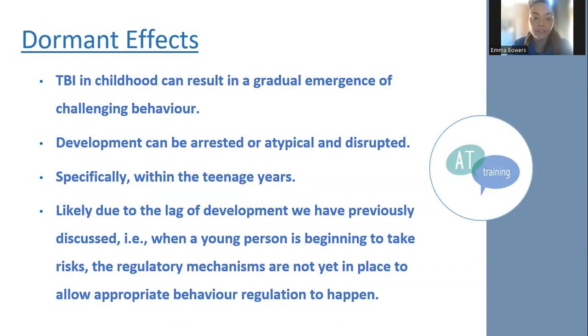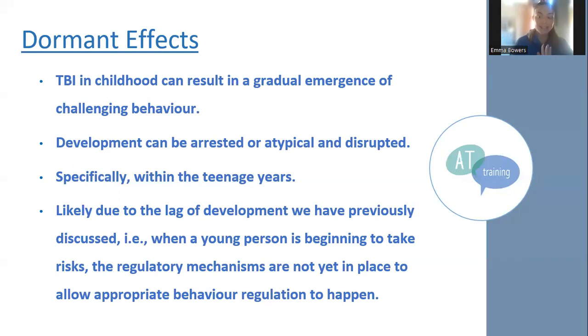Okay, so dormant effects. TBI in childhood can result in the gradual emergence of challenging behaviour. The reason for this is, as we've mentioned earlier in the slides, the brain continues to develop, but development can be arrested or atypical and disrupted around the injury, specifically within the teenage years, because again, we thought earlier on about how much brain development is actually happening during those years.